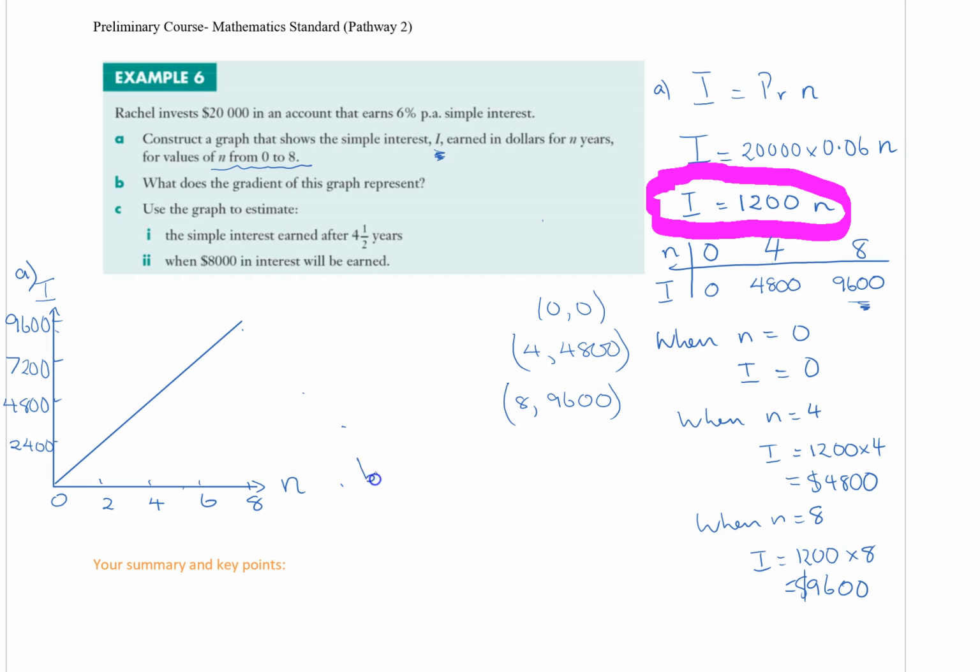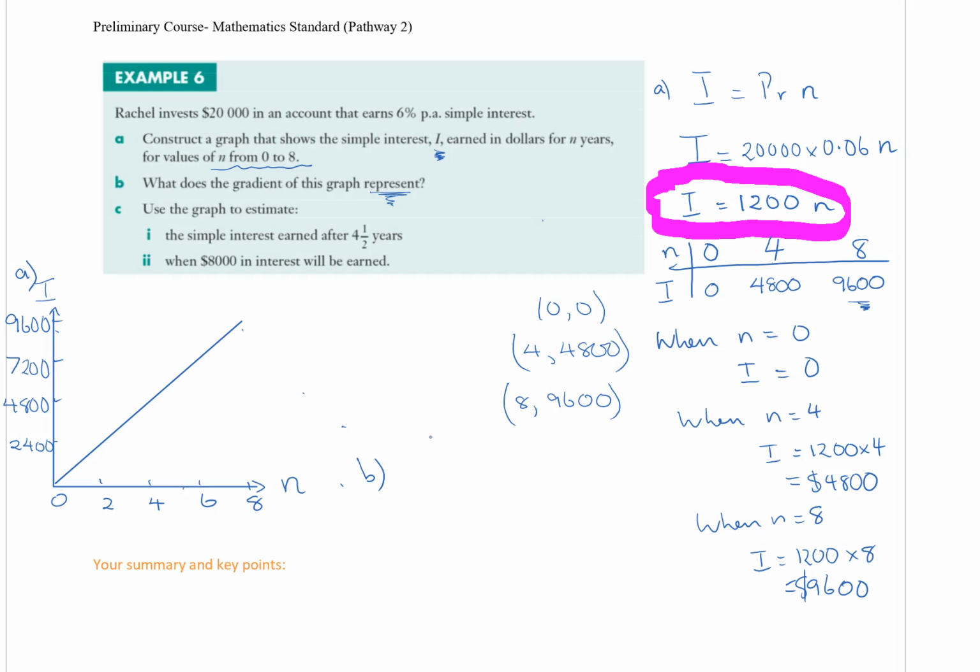B asks, what does the gradient of this graph represent? Now, this is not where you give the value of the gradient. The value of the gradient is 1200, but what does it represent in this case?